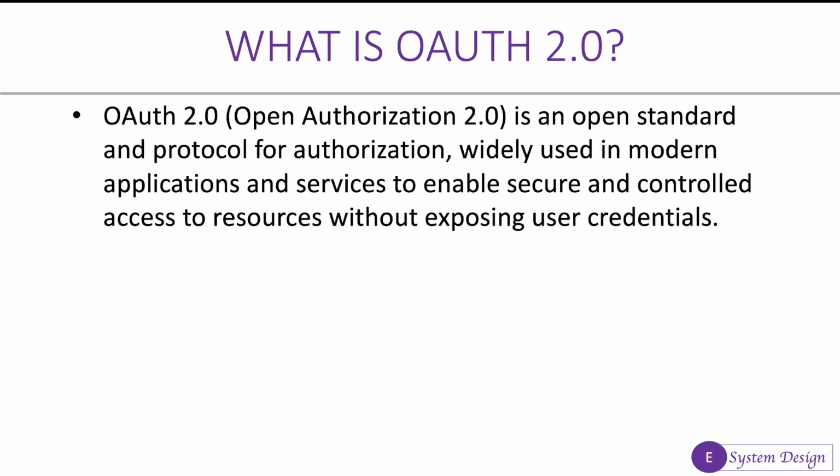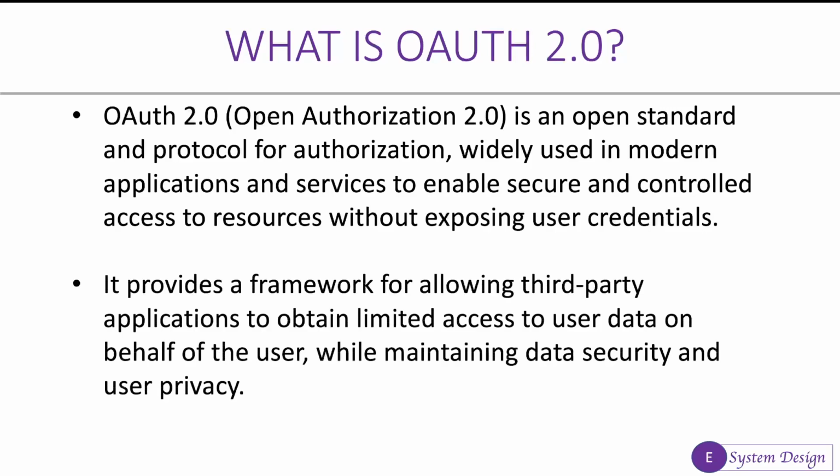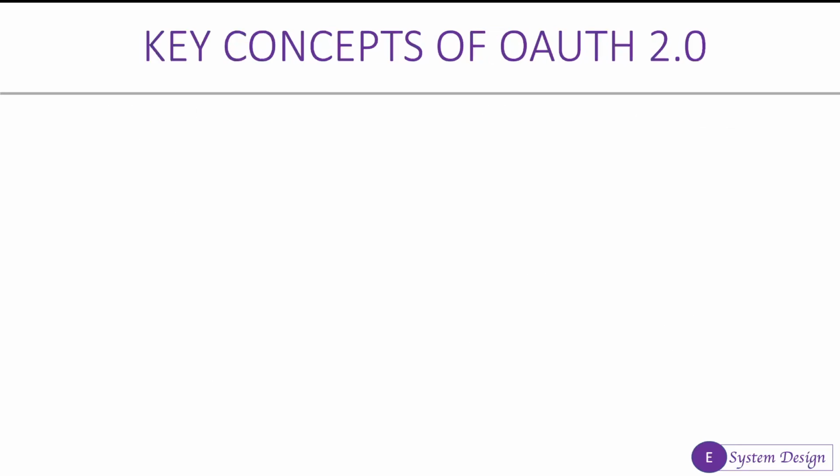We will see how this works between the services. It is widely used in modern applications and services to enable secure and controlled access to resources without exposing user credentials. It also provides a framework for allowing third-party applications to obtain limited access to user data on behalf of the user, while maintaining data security and user privacy.